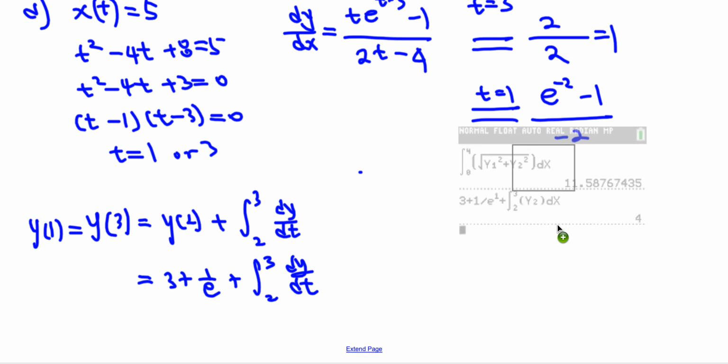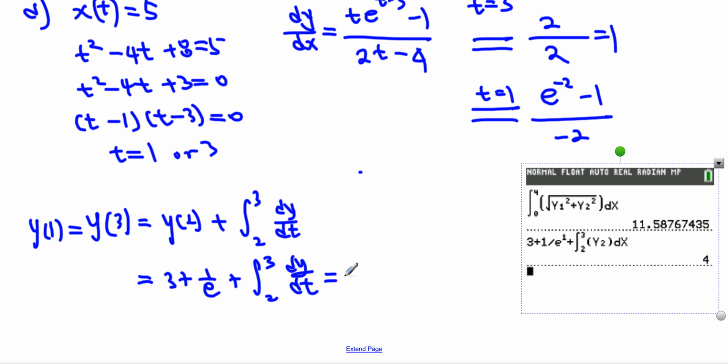Then we get to see that the answer has to be equal to 4. So 4 will be the location.